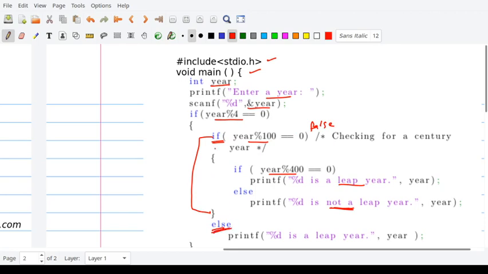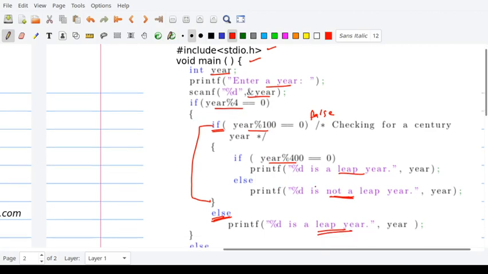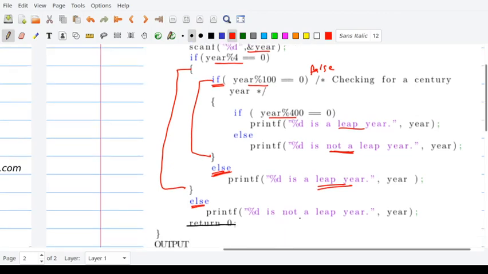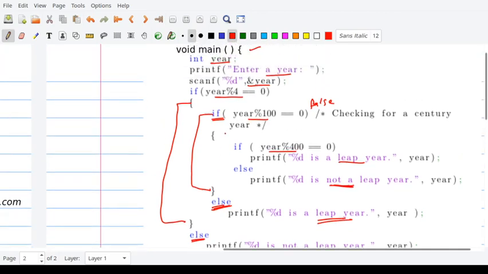That means the year is divisible only by 4, so it is a leap year. Now if it is not divisible by 4, then it is not a leap year. So this is how you write a program to find out whether a year is a leap year or not.